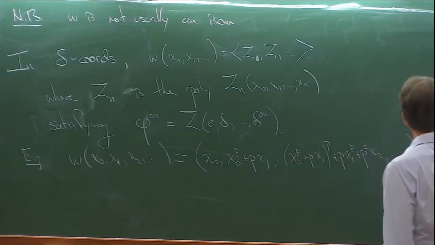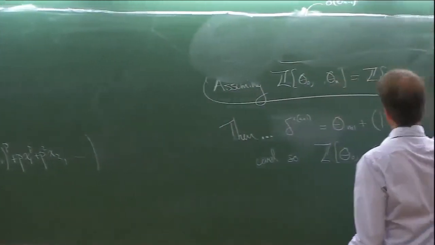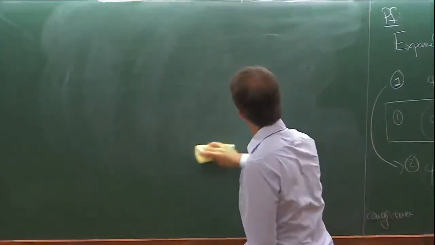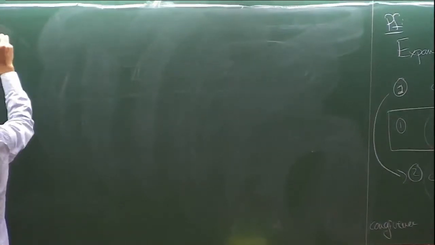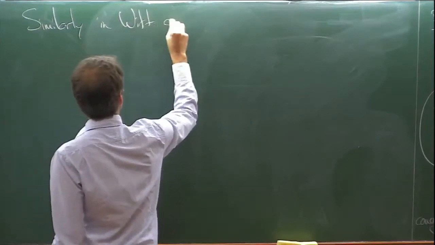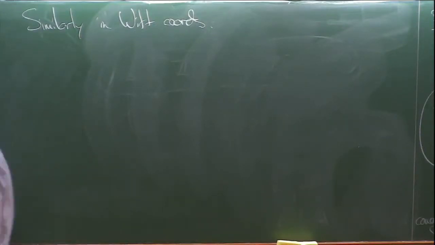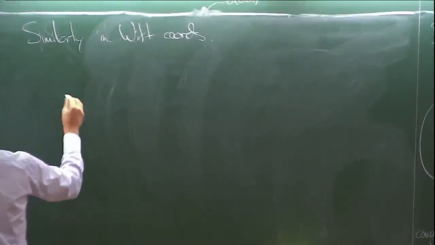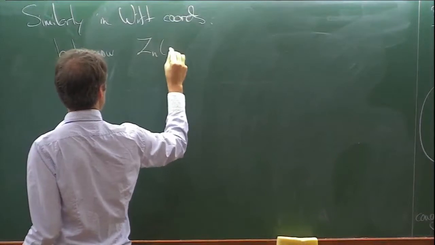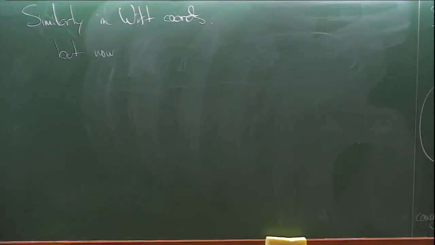Okay, so the same thing is true in the Witt coordinates. But now, of course, we want to describe the phi n's in terms of a polynomial expression in the Witt differential operators.